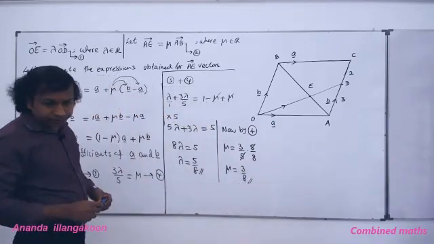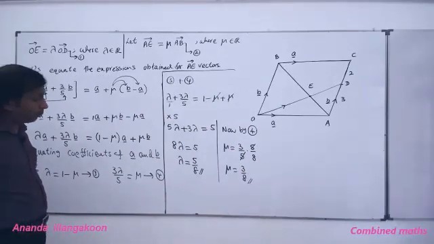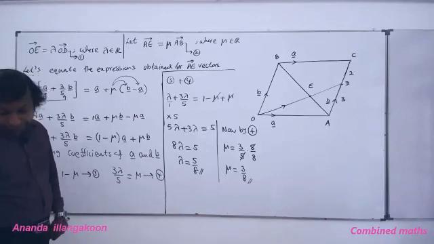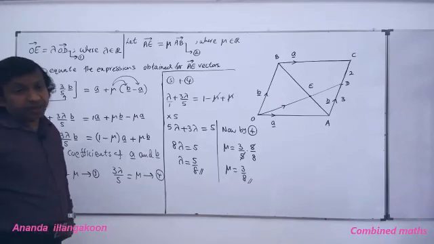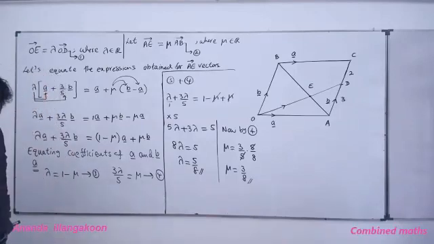Then we found lambda and mu. Now the question asks to determine the OE and AE:EB ratio. Now we can come to that part. First take these answers.